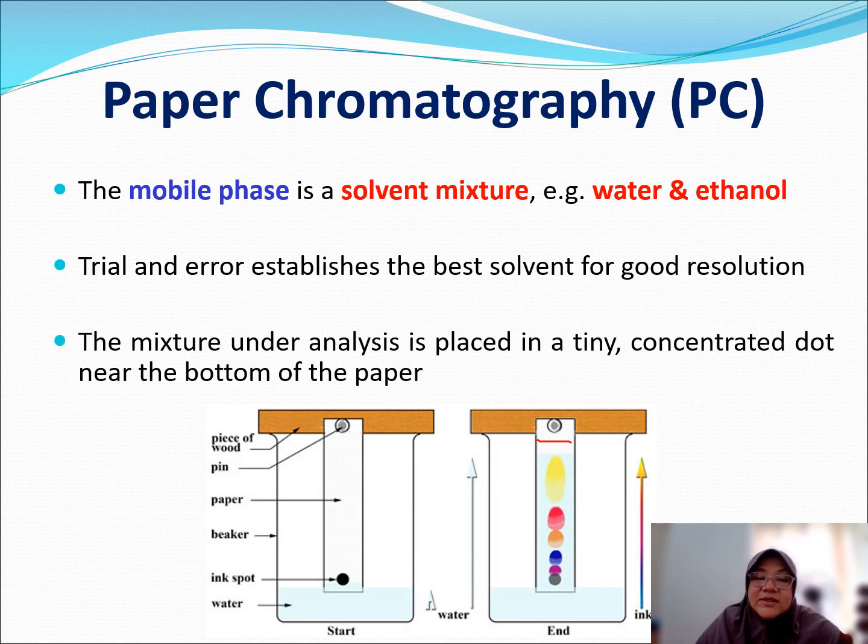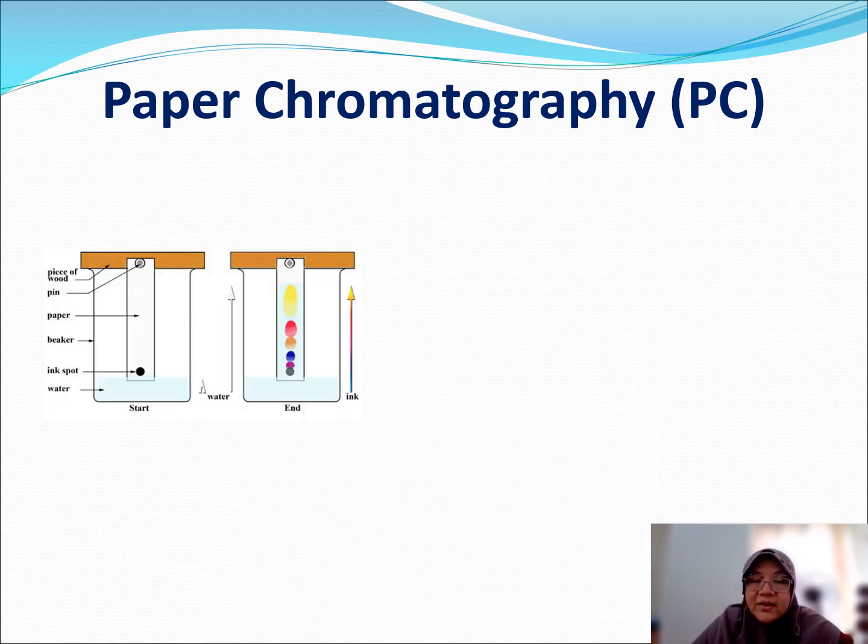And then the mixture, the analyte is placed in a tiny concentrated dot near the bottom of the paper. So the extract is just put at the edge, okay, near to the beginning of the chromatography paper, and then it will move along the paper sampailah dekat reach the end.